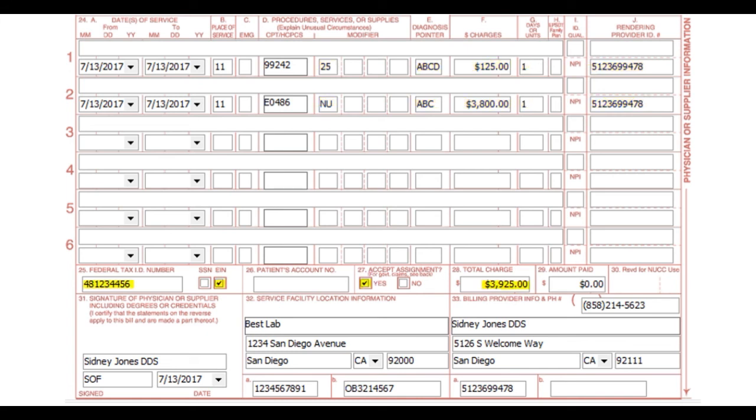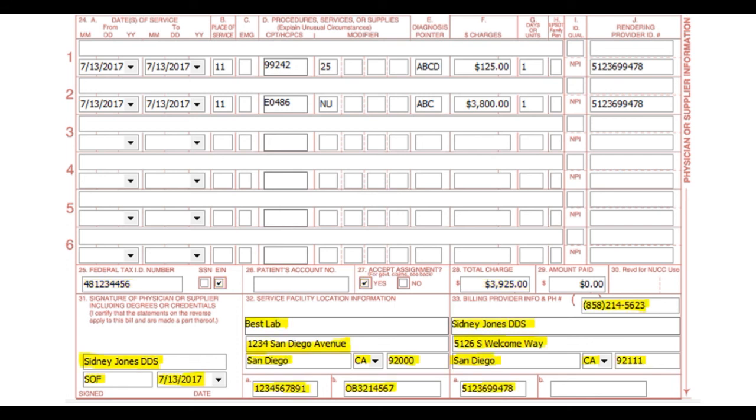And then we drop down to box 25, and that is the tax ID number of the rendering provider. Box 27 is the assignment of benefits. We click yes, we accept the assignment of benefits, and then box 28 is the total charge. Now back in box 25, we are also letting the insurance company know if this is the Social Security number or the tax ID number.